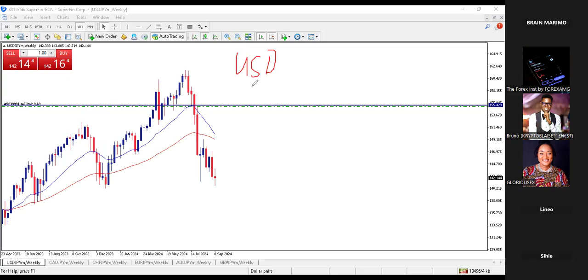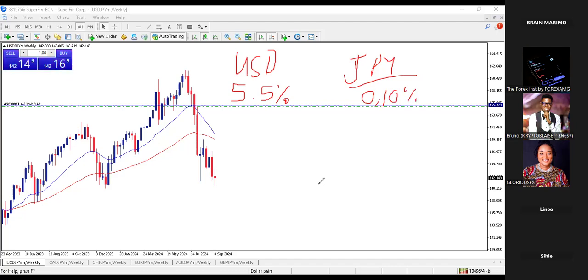USD, that interest rate is sitting at 5.5%. The yen, JPY, that interest rate is sitting at 0, just then corrected at 0.10.